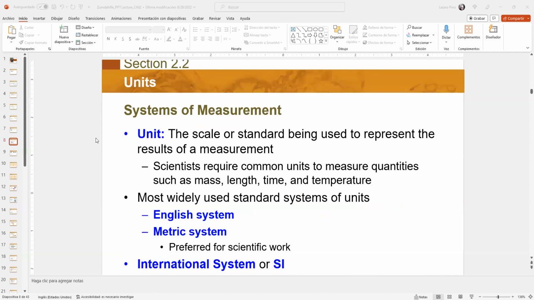Well, it is important to know that we need to use units according with the scale that we are using, and we have two systems of units that are the English system that is used in United States only, and the metric system that has been transformed into the international system, or SI.